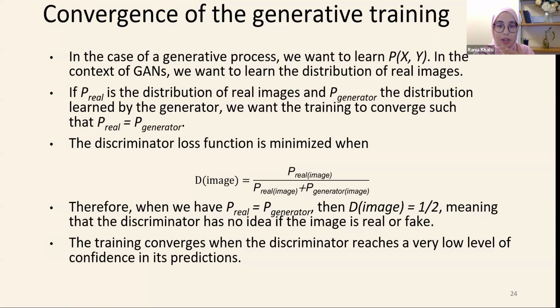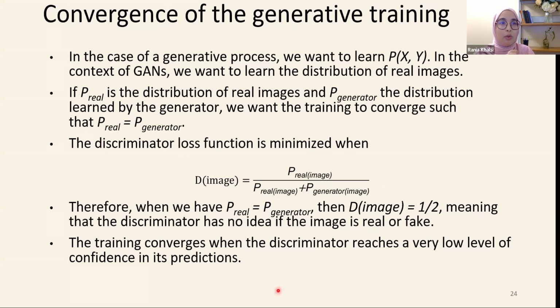For example, the discriminator loss function is minimized when D of the image is equal to the probability of the real image divided by the sum of both of them, the real distribution plus the generated distribution.